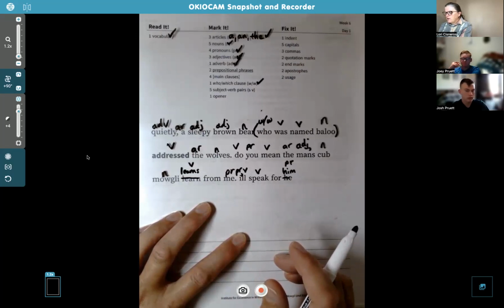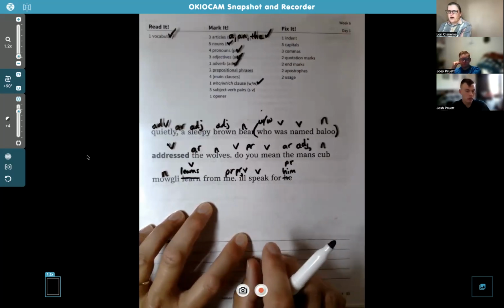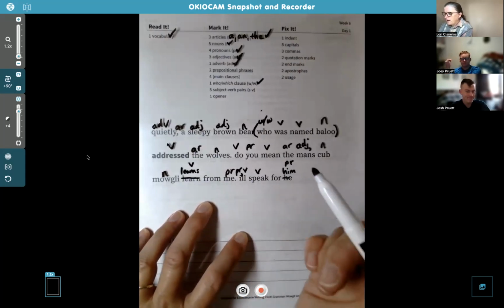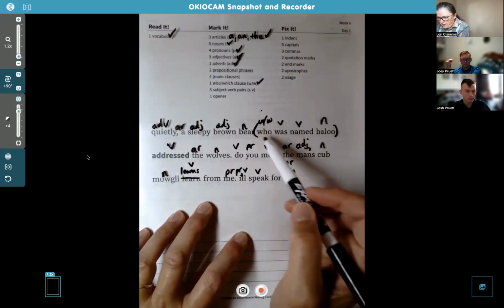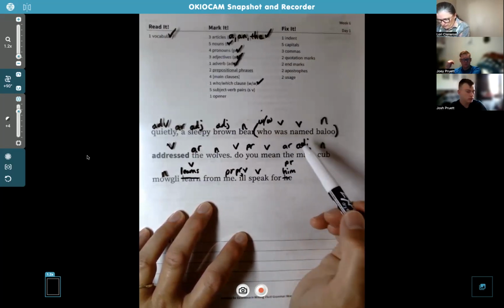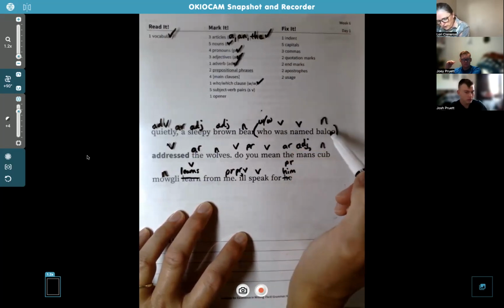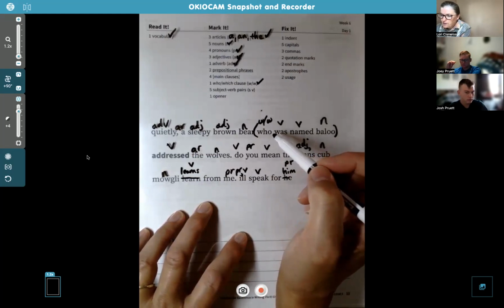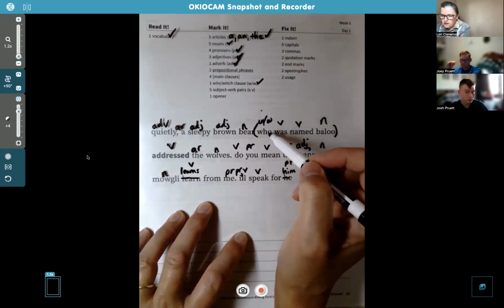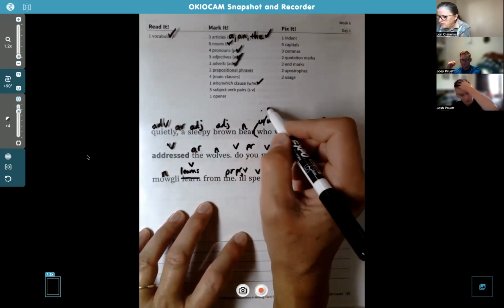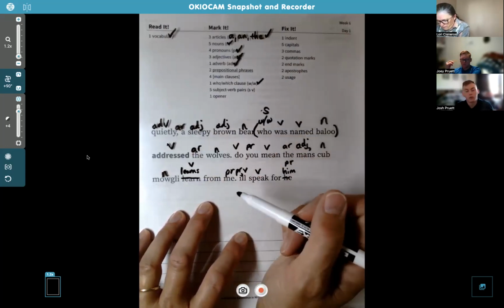Gotcha. All right. So now that you know all the verbs, let's see if we can find the subject. So to do that, look within this who clause, was named. Well, Baloo is the noun, but actually in a who which clause, it's weird. But the who becomes the subject because the whole thing is referring back to bear.